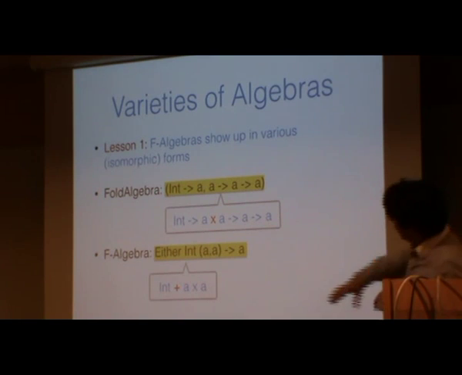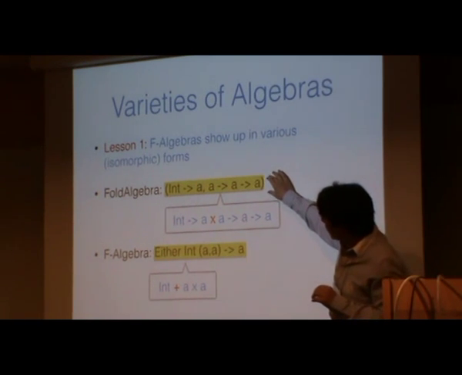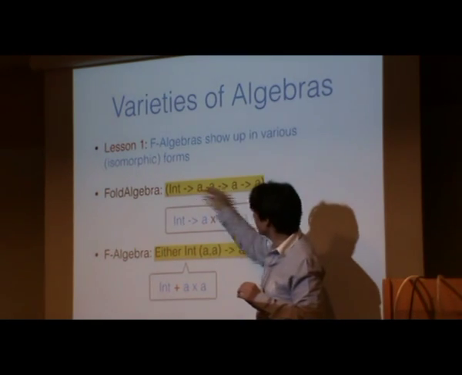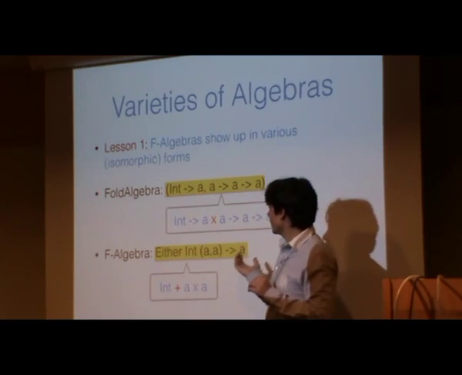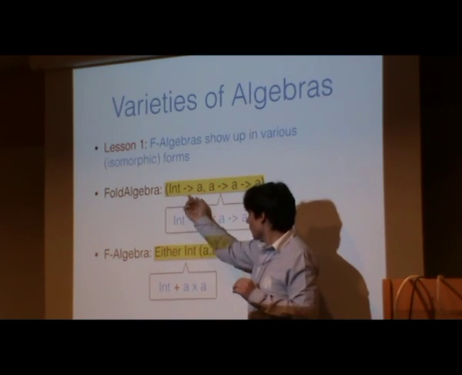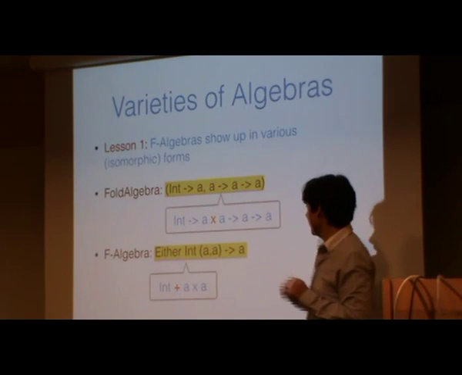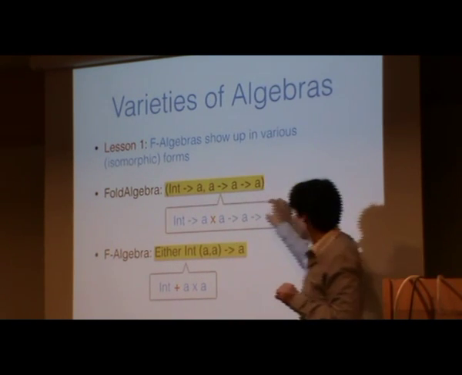Okay, so one form is the form that you see, for example, in the Haskell libraries. What you have there is basically a product of these functions. So for expressions, you have Int to A, A to A to A. So that's one particular form of algebras.